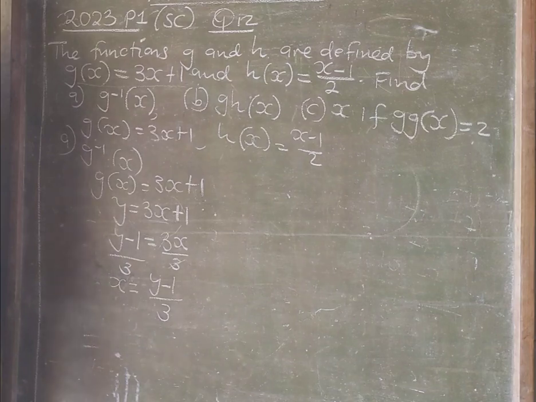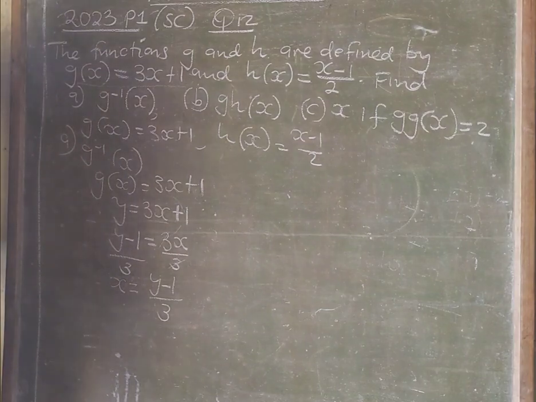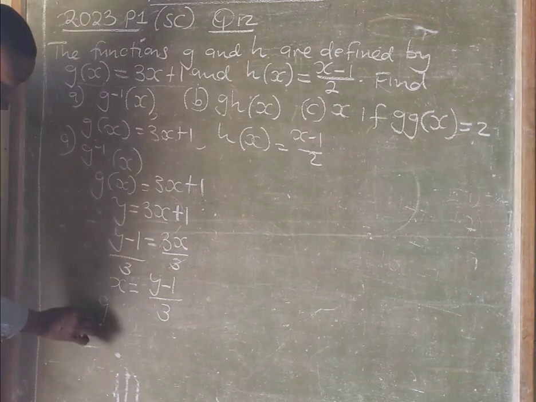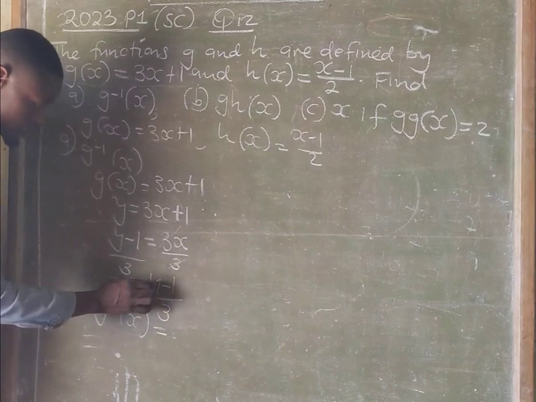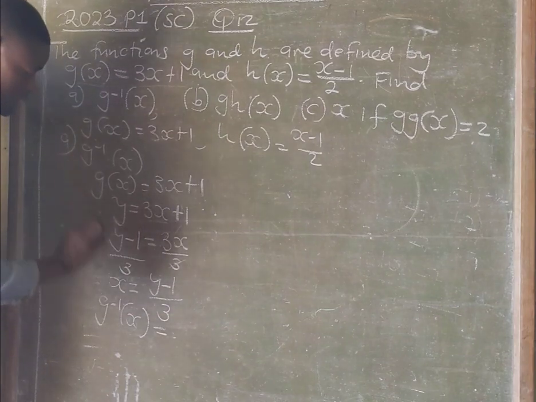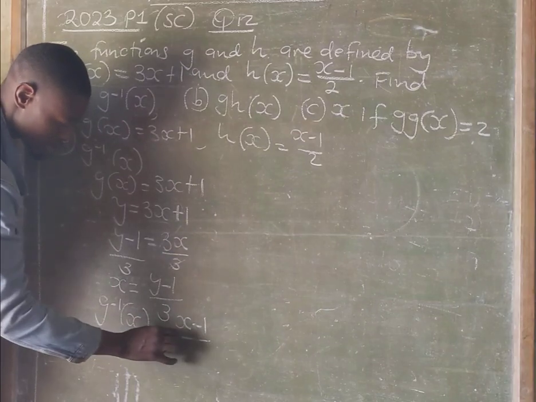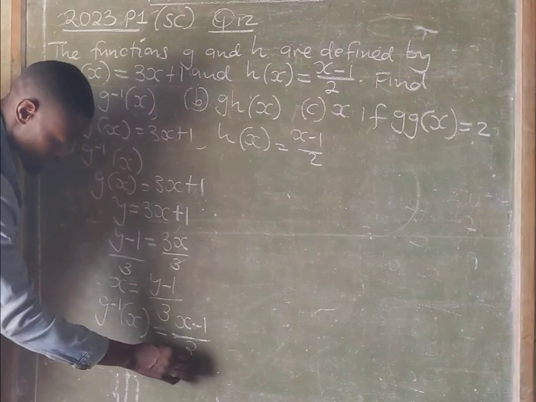The last step is to replace y with x, since we are finding the inverse. So you say g inverse of x equal to, where there's y you now replace x, so you have (x minus 1) divided by 3.